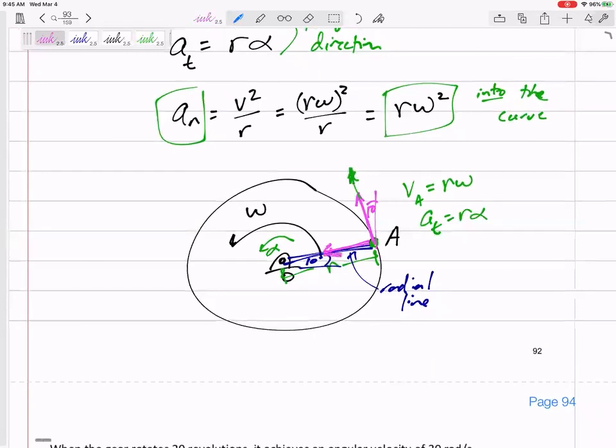A normal would be r omega squared into the curve. Maybe if you're lucky, it just asks about this point. Then the velocity would be perfectly in the I and the normal perfectly in the J. But if you're asking for some angle, you need to be able to give me the velocity and the direction for those.